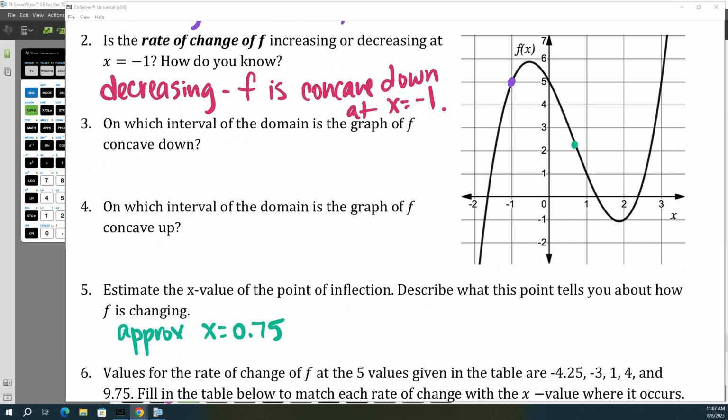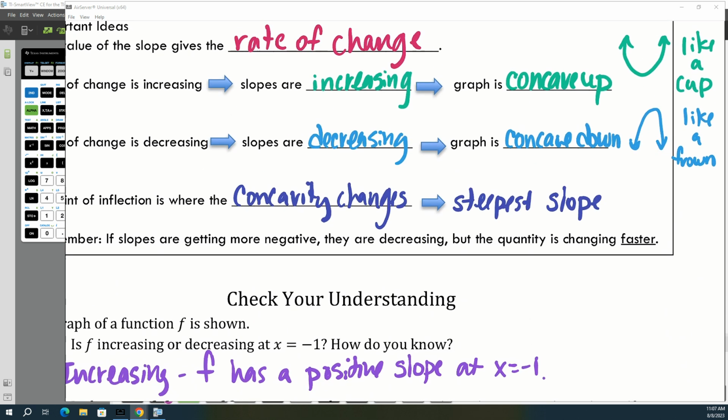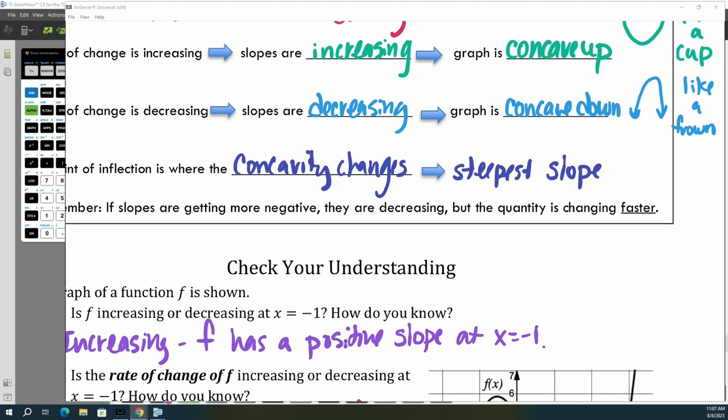And then what do we say about how a graph changes at the point of inflection? It changes the fastest. Let's say it changes fastest. I didn't write that here, so I'll go back up and write it.